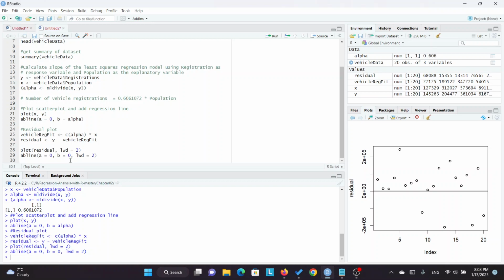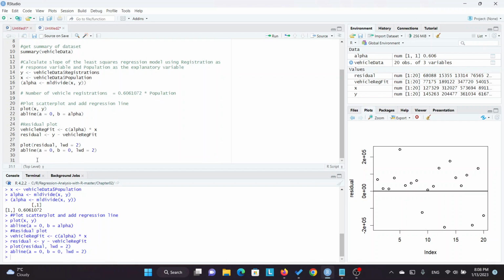So we need to ensure that the residuals seem randomly scattered around the line in the middle of the plot, the horizontal AB line that you can see here. So from our data set, we can confirm that our residual is in fact random. It does not follow any pattern.